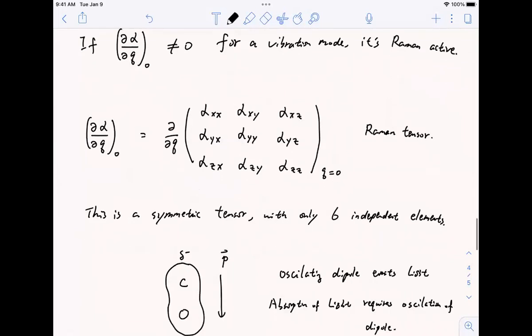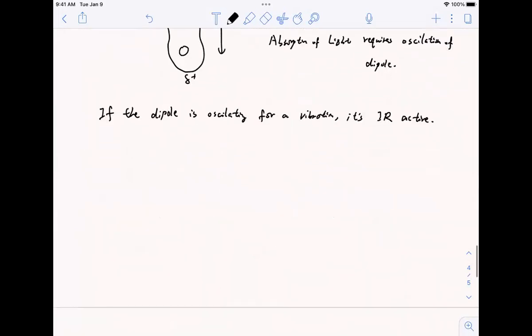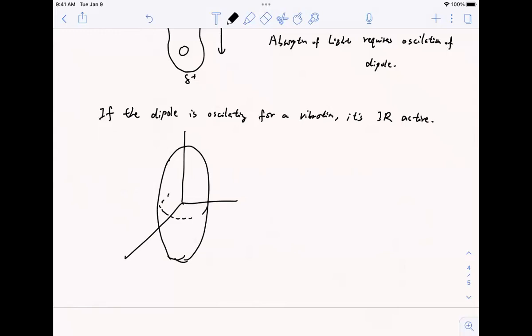So in one direction and in a different direction, you have different values.